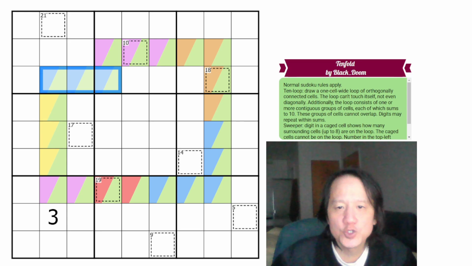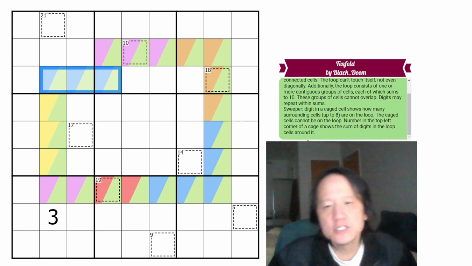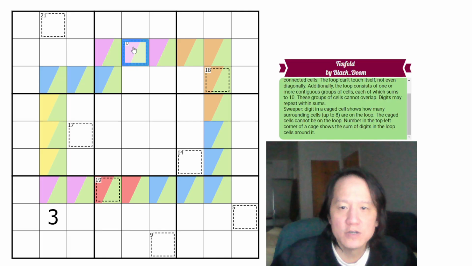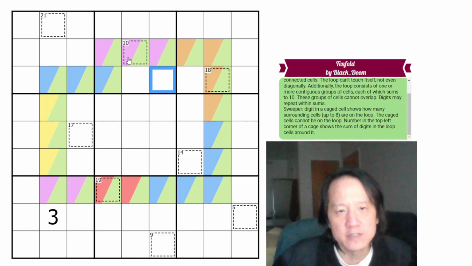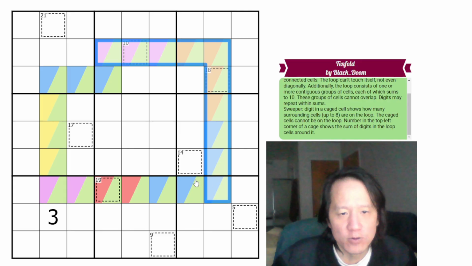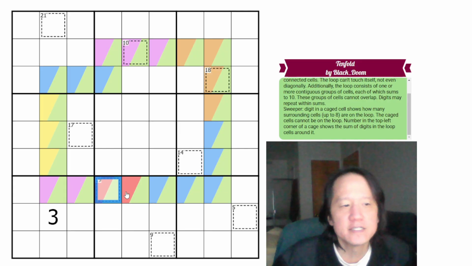Okay, sweeper. Digits in a cage cell show how many surrounding cells, up to 8, are on the loop. The cage cell cannot be on the loop, so this loop is already incorrect because it has cage cells on the loop, which is not allowed.